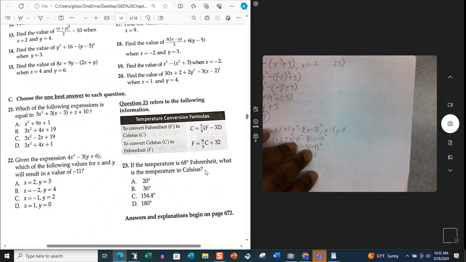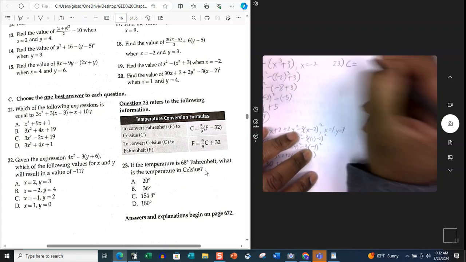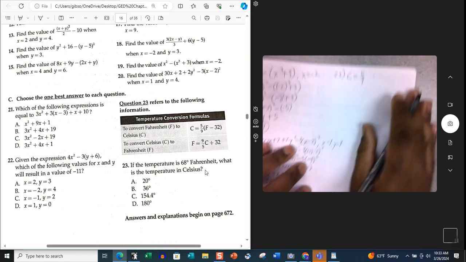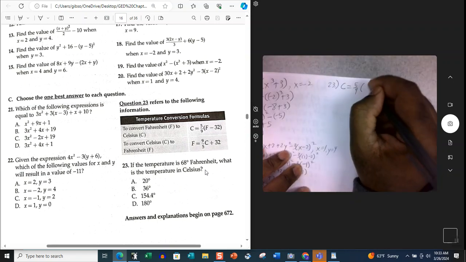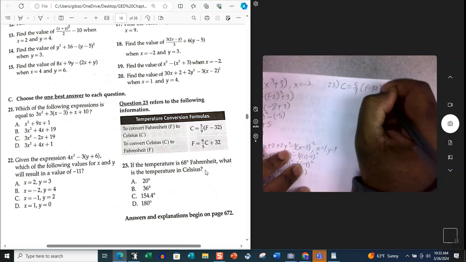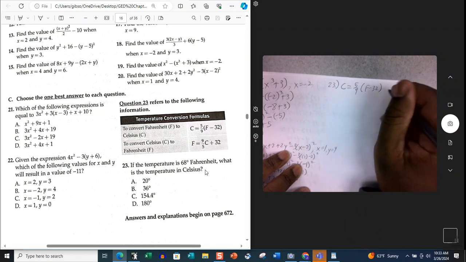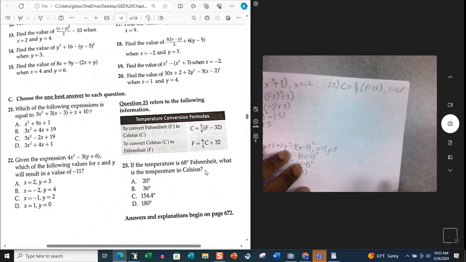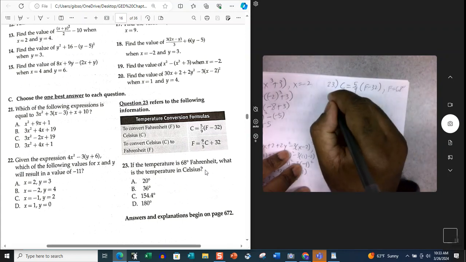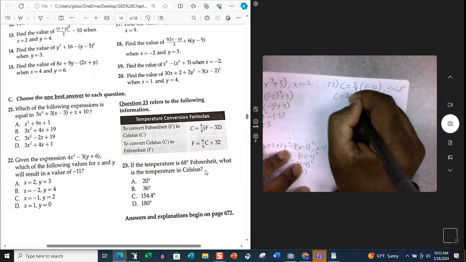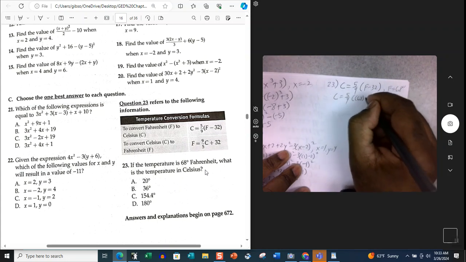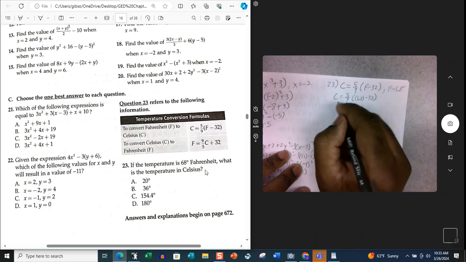Okay, so now 23, they want us to solve for Celsius. So Celsius is equal to 5/9 times Fahrenheit minus 32. And we're told that our Fahrenheit, our F, is equal to 68 degrees. So we'll have C is equal to 5/9 times F becomes 68 minus 32.